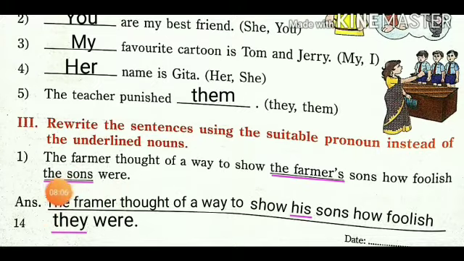So how we can write: the farmer thought of a way to show his sons how foolish they were. So his and they, those pronouns we have used instead of nouns, and then we have interchanged that sentence correctly here. Now next sentence.